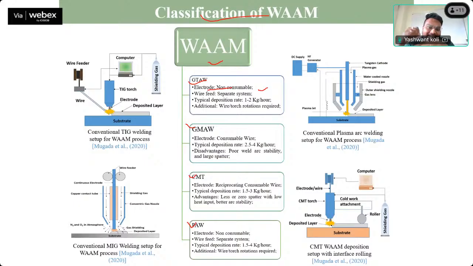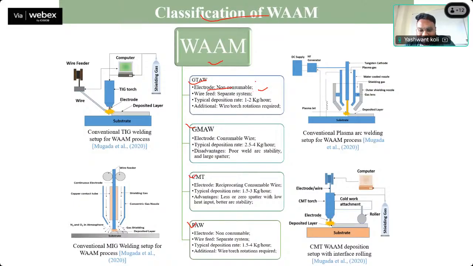In it the wire is also automated, and we have an external cold wire feeder through which the wire is fed at a 45-degree angle, while the tungsten electrode makes the arc and the wire comes in, melts, and deposits.